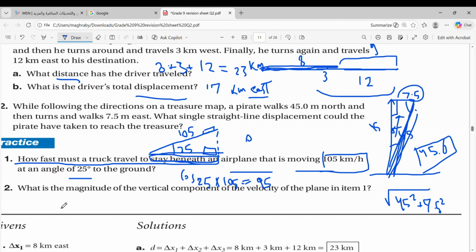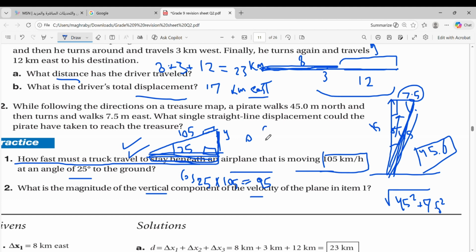Let's get to number 2. What is the magnitude of the vertical component of the velocity of the plane? He is asking about the same question, the vertical component of the plane. This is the vertical component, okay? This was the x component and this is the y component, okay? So to get the y component, we said to get the y, you use the sine.